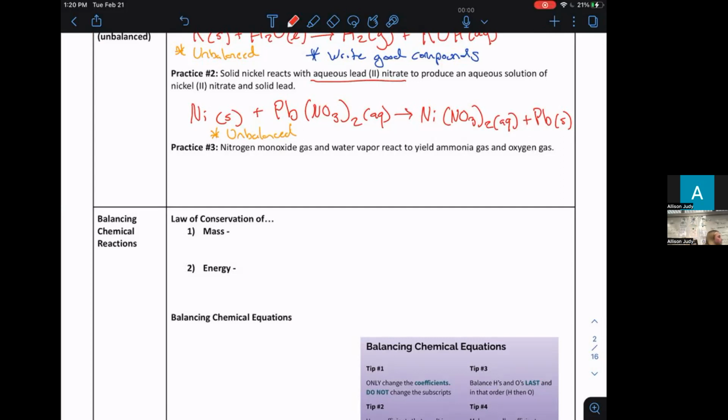I think I'm about halfway through translating word equations, and then I get to actually balancing equations. And then particulate diagrams.